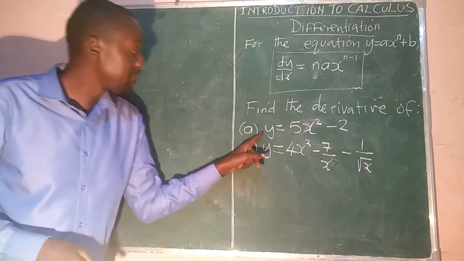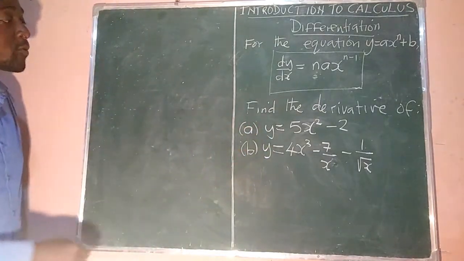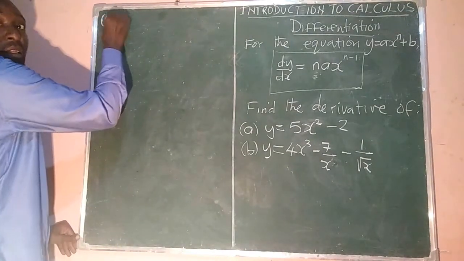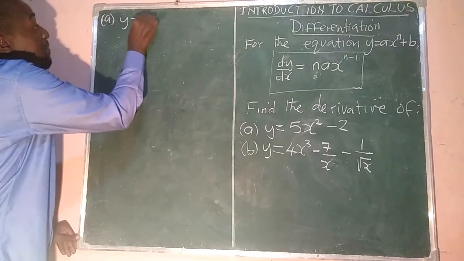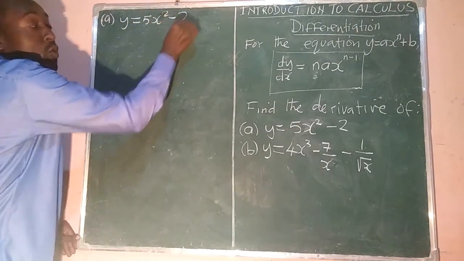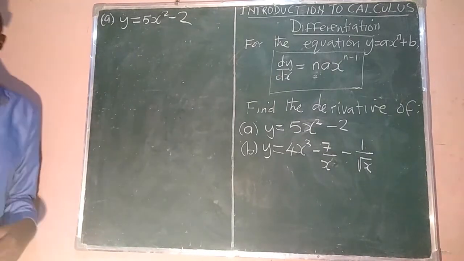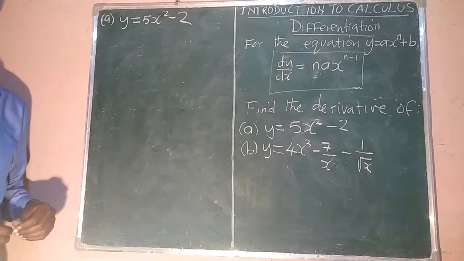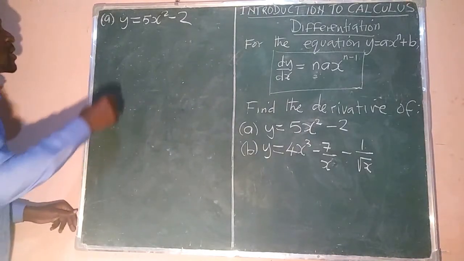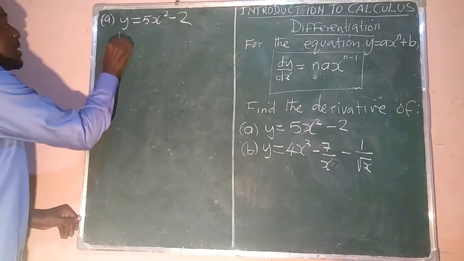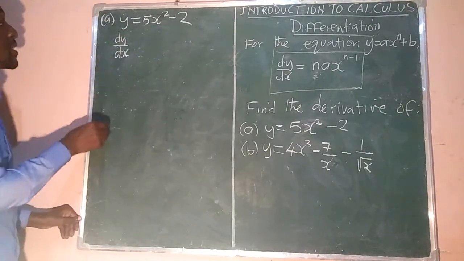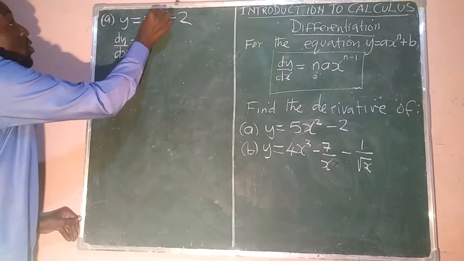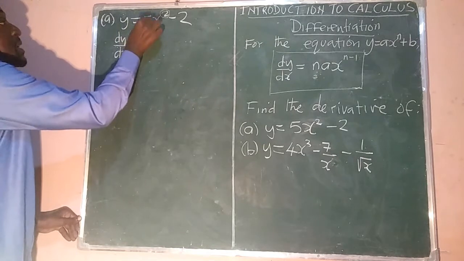The first one that we have is y is equal to 5x squared minus 2. So we are going to apply the formula on this question. Here our dy/dx, or the derivative of y with respect to x, will be equal to this power here times the 5.